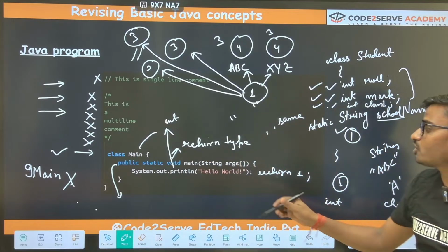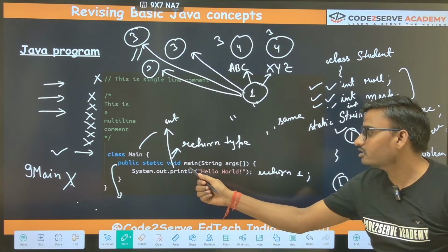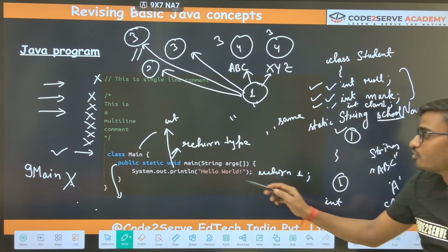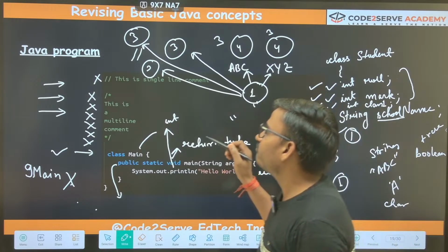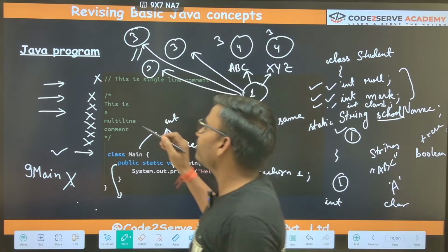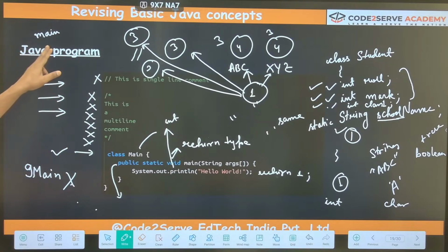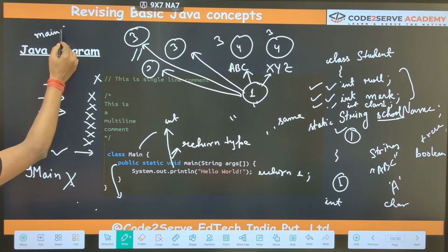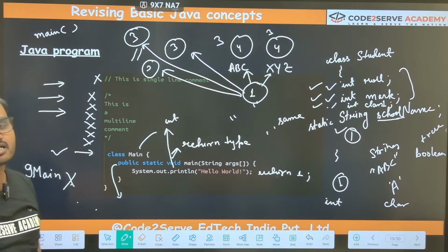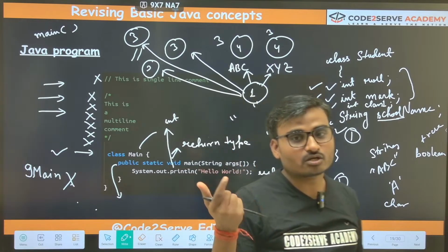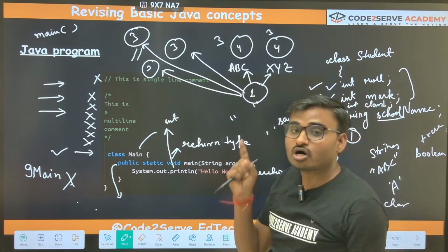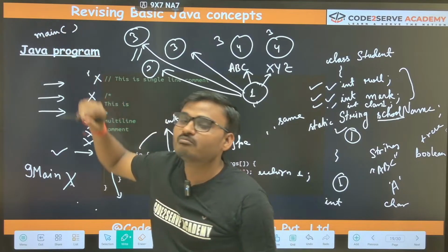Next is your method. How can you identify whether something is a method or not? Whenever you see a name, like main here, and after the name you see an opening and a closing parenthesis, you should always remember that this is a method.